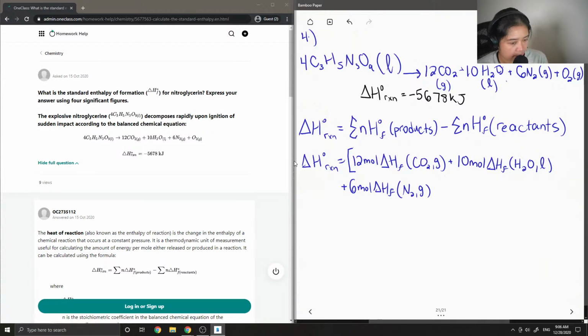And then lastly, for our products, we have 1 mole times the delta H of formation of oxygen.